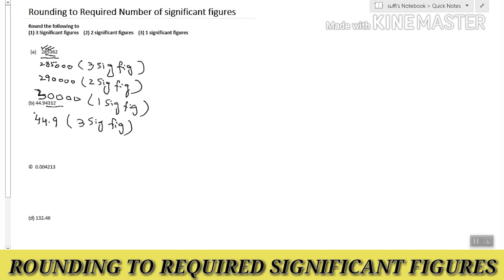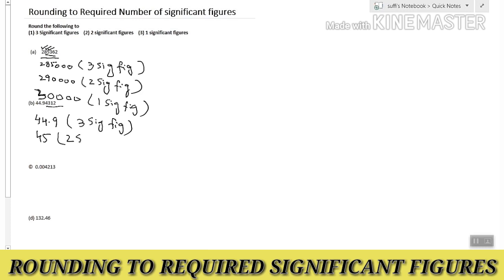To round to 2 significant figures, we need only 2 significant figures. So we will look at the third significant figure. The third one is more than 5, so we will add 1 to the 4, so it will become 45, and we will ignore all the others, because we will not write them as 0, as after the decimal point the zeros are also counted as significant.